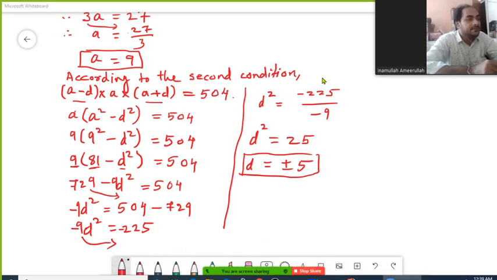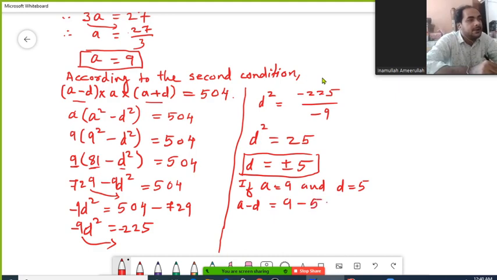For example, if a is 9 and d is positive 5, then what would be your three terms? First term is a minus d. A is 9 minus d is 5.